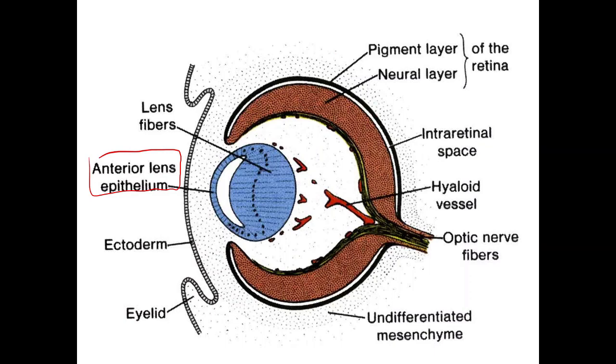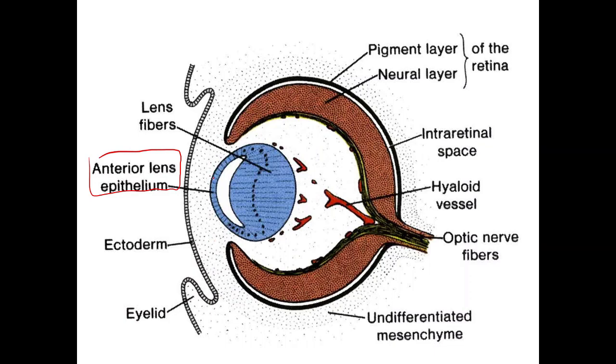You can see that the epithelium is differentiating here. There is this neural layer and pigmented layer, and mesenchyme all around. Mesenchyme will form the stroma of the cornea. If you remember the structure of the cornea, it's a really thick layer of dense connective tissue. So it's formed from the mesenchyme that is here.